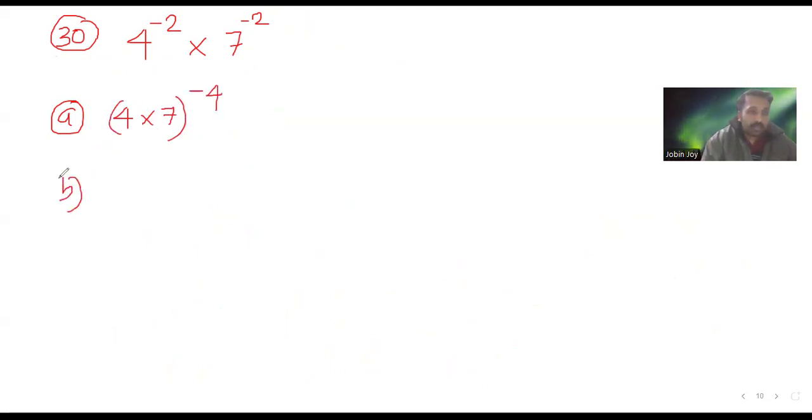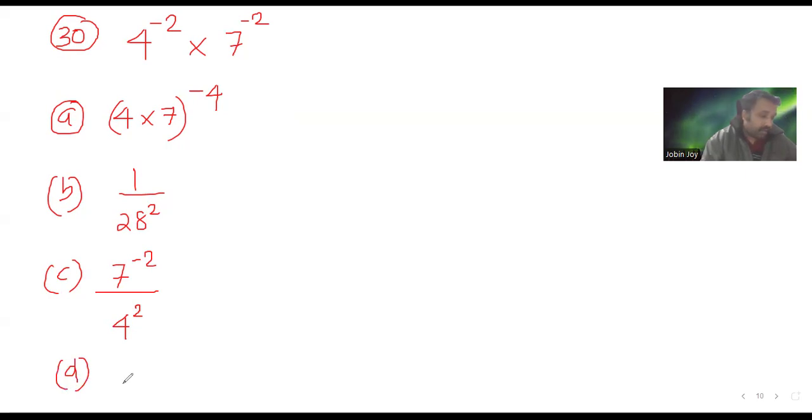Second option is 1 by 28 square. Third option is 7 raised to minus 2 divided by 4 raised to 2. And the last one, 4 into 7, the whole raised to 4.